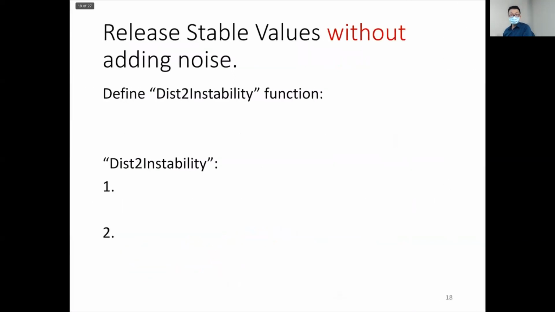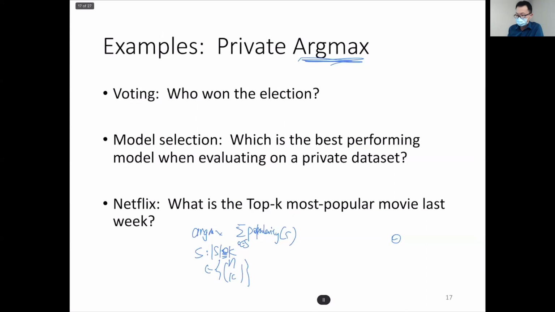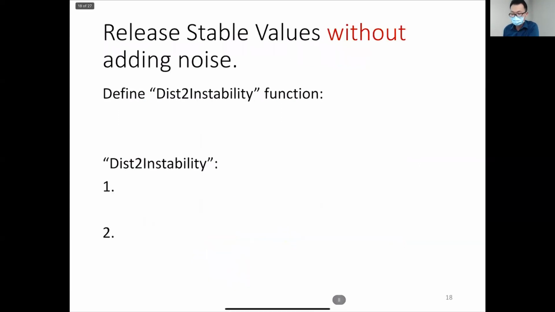Okay, so I'll talk about one solution to this problem. The idea is that the argmax can be quite stable, right? Suppose the argmax is substantially better than the second best choice, then hopefully we can leverage this information of large margin in this differentially private selection problem. And the point is that if that happens, we don't even have to add noise at all.